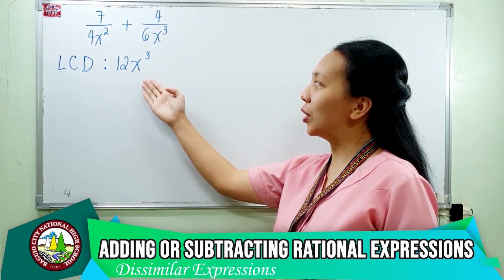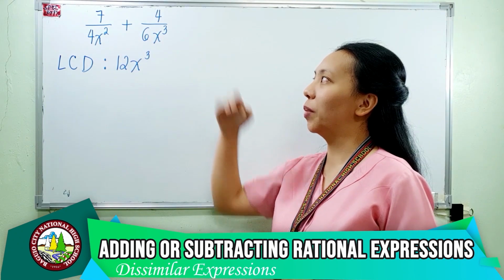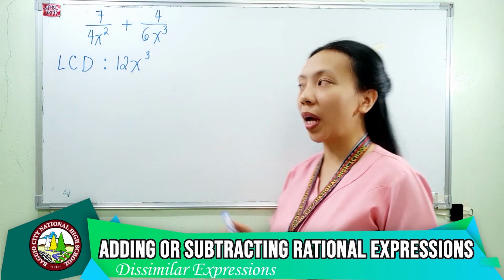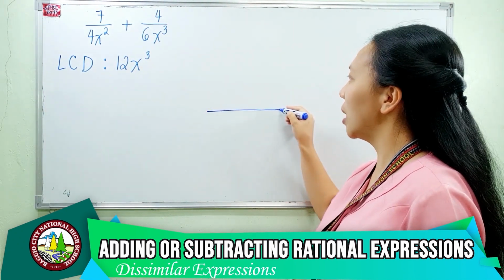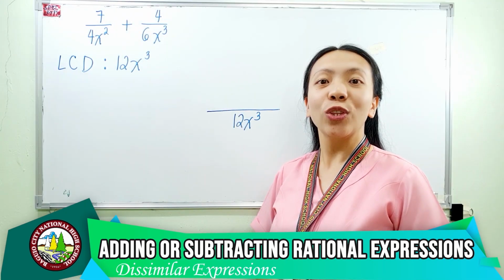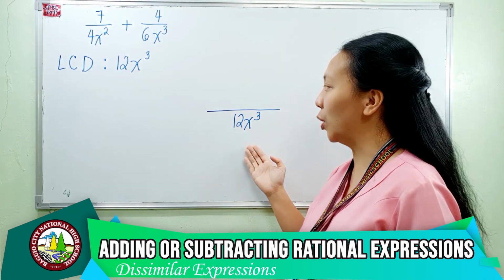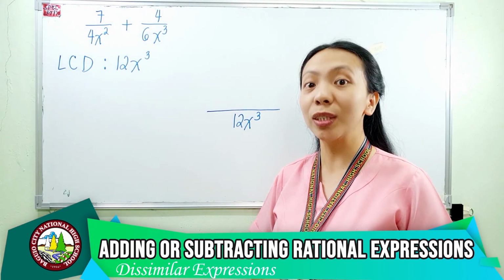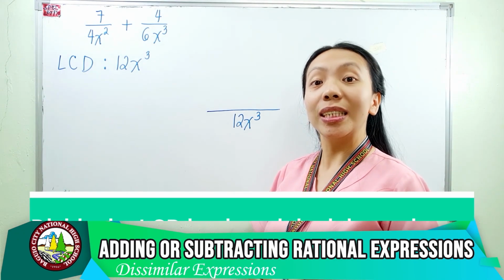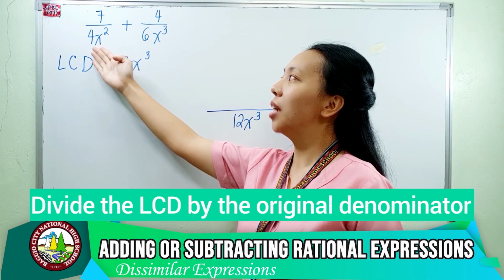Since 12x cubed is the LCD for these rational algebraic expressions, we can write that as a single denominator for 7 and 4. To find the equivalent numerators for the LCD 12x cubed, what we do is to follow these steps. Divide the LCD by the original denominator.